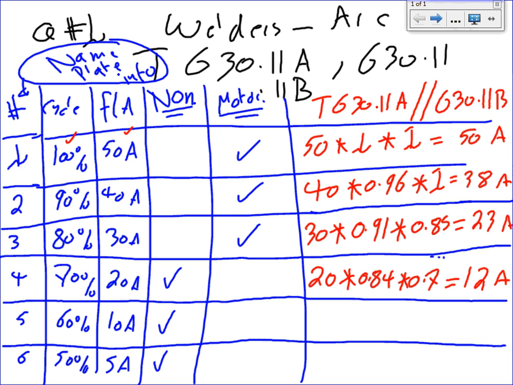Are you guys following? Really straightforward when you put it in this format. The one before the last is 10. The duty cycle is 60 under non-motor. 60 under non-motor is 0.78, right? 0.78 times. Okay, now let's see, where are we? 70% of the largest plus 60% of the remaining welders. Is 10 amps one of the first, second, third, or fourth largest?